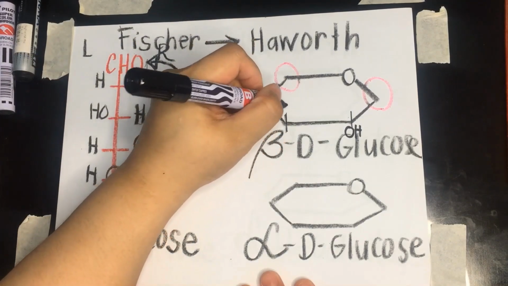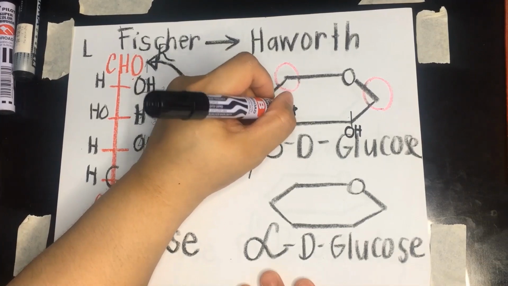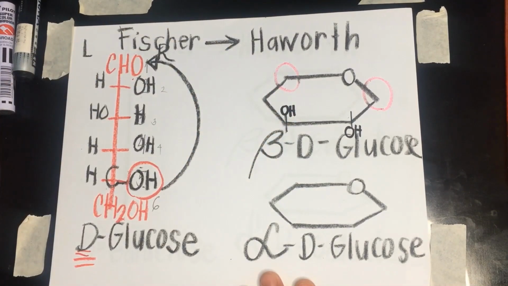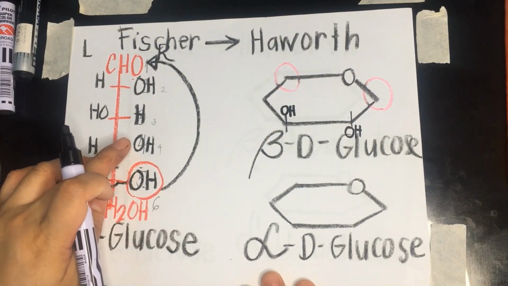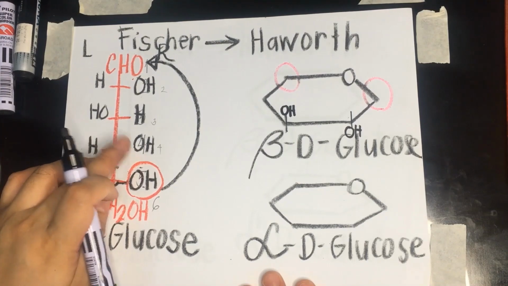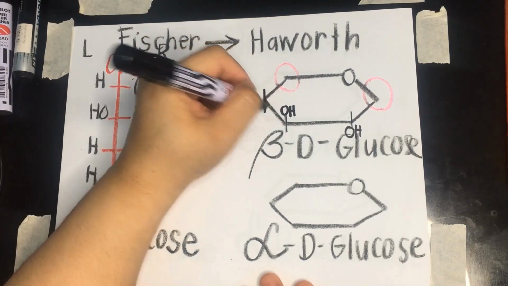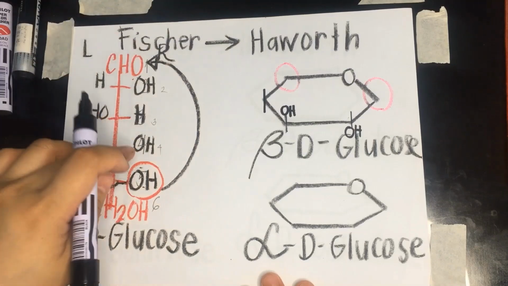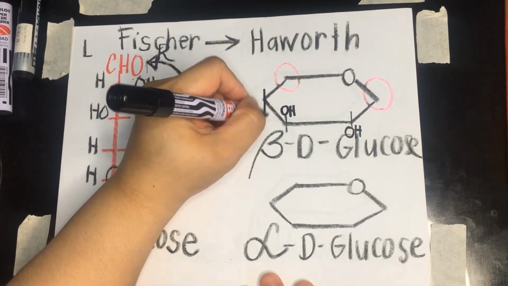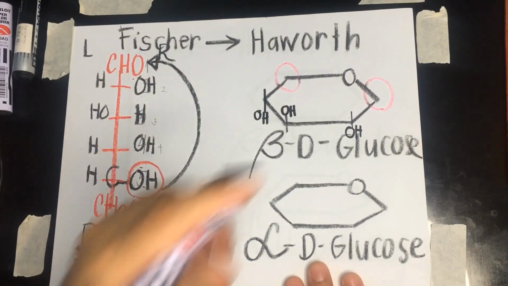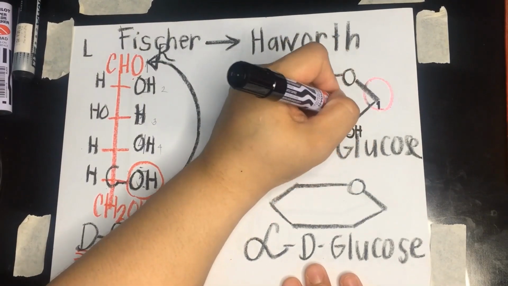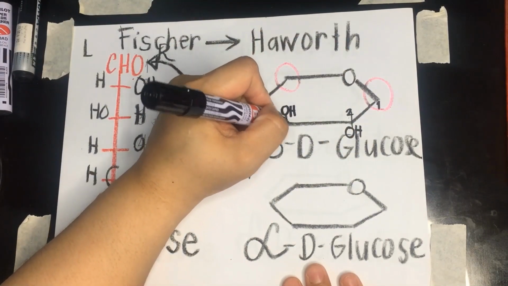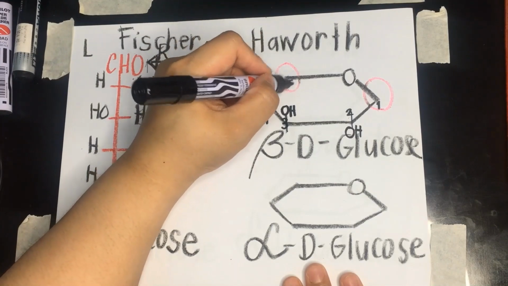That is why I'm going to put the hydroxyl group on top. Next, carbon number 4, the hydroxyl group is located on the right side. Therefore, I'm going to place it below. Let us also not forget to count the rings so that we have a guide.